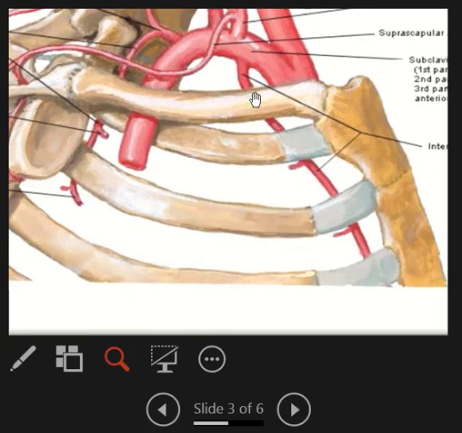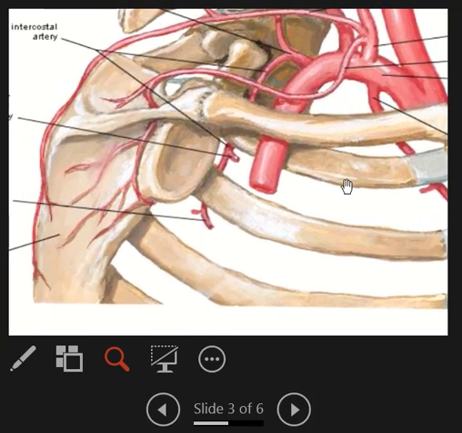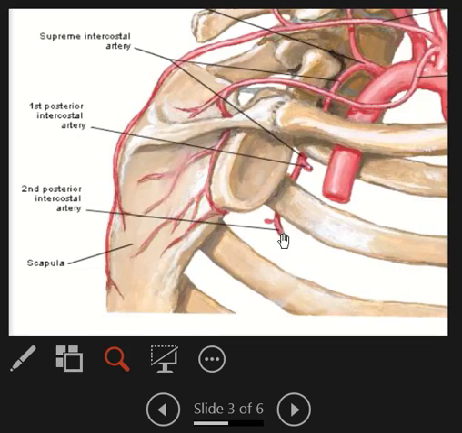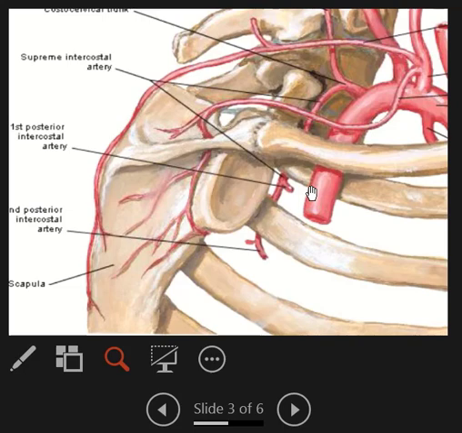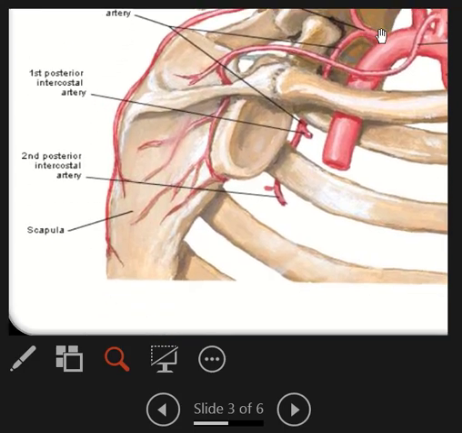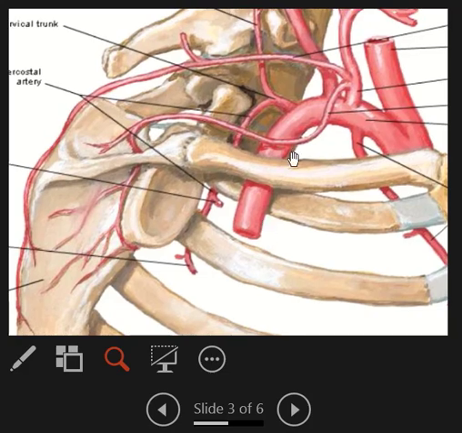So, the internal thoracic artery has anterior intercostal branches, but we have posterior intercostal branches too. First and second spaces are supplied by the supreme intercostal artery, a branch of the costocervical trunk. Other spaces are supplied from the thoracic aorta.